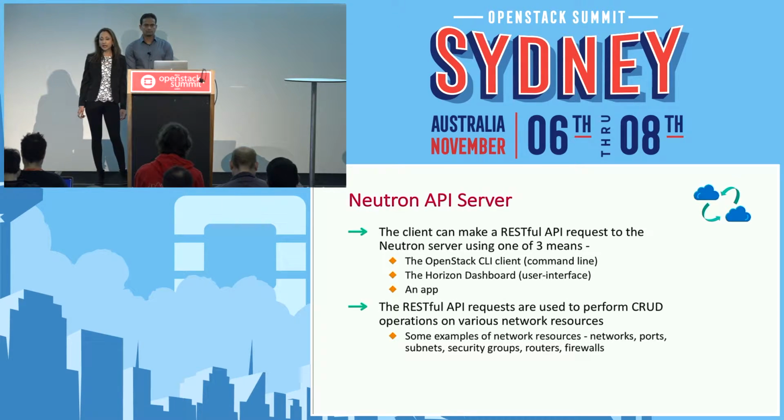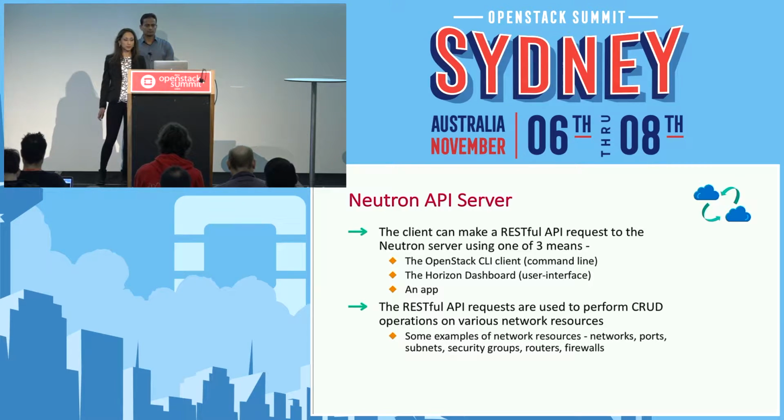The RESTful API requests are used to perform CRUD operations on various network resources. Now, what are these network resources? Network resources could include networks, ports, subnets, firewalls, routers, and security groups.